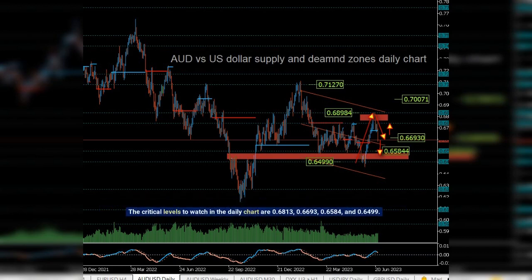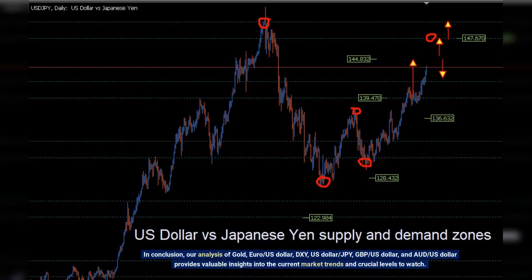The critical levels to watch in the daily chart are 0.6813, 0.6693, 0.6584, and 0.6499.